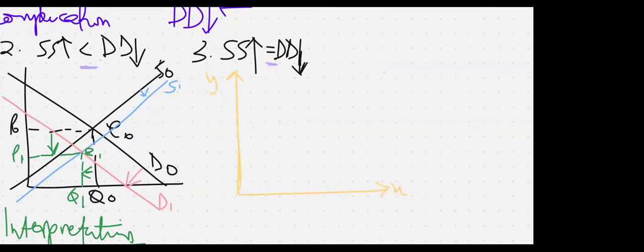So supply S0, right at the top. And this, D0. Then this is E0. And this, P0. This, Q0.